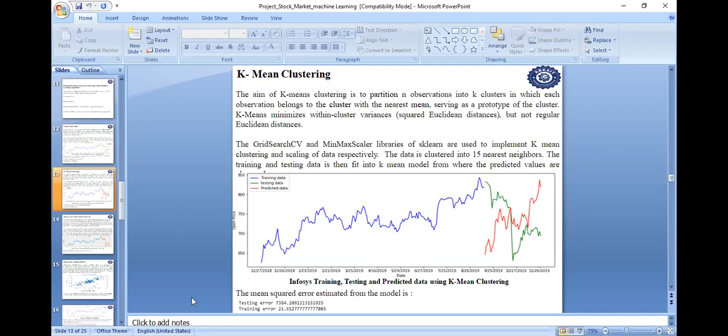We have used the libraries of sklearn like GridSearchCV, SVR, and MinMaxScaler to implement k-means clustering, and the data is clustered into 15 nearest groups. The training and testing data are fitted. Again, you see the training data is the blue line, testing is green, and the predicted data is shown in the red line. The testing error is 7384.029 and the training error is 21.65.